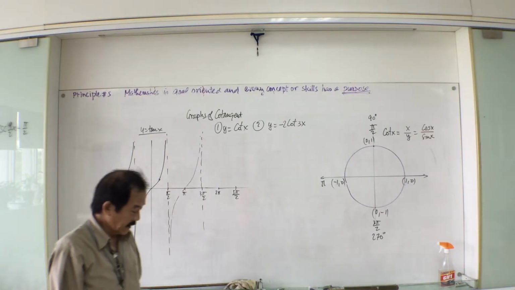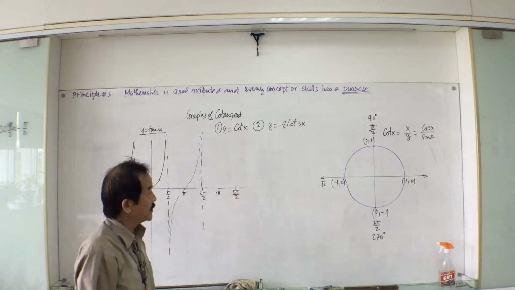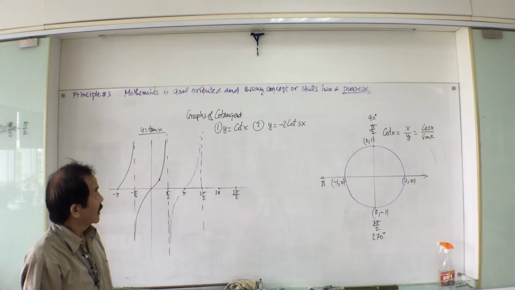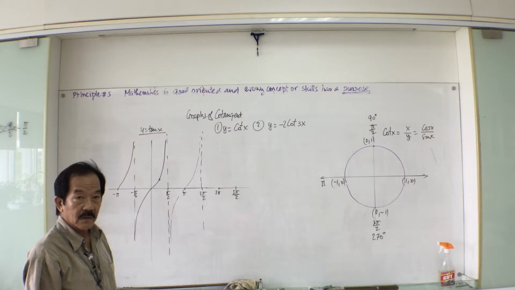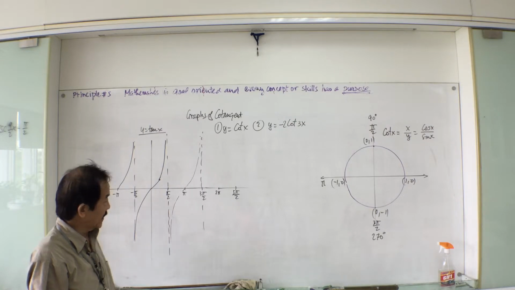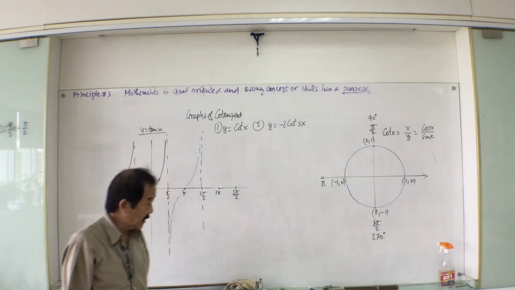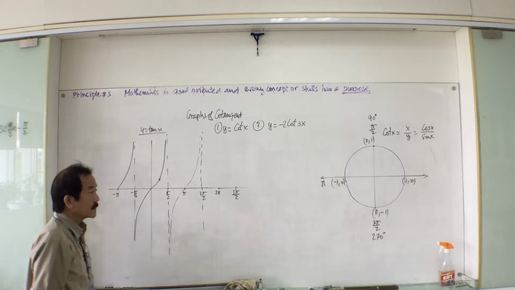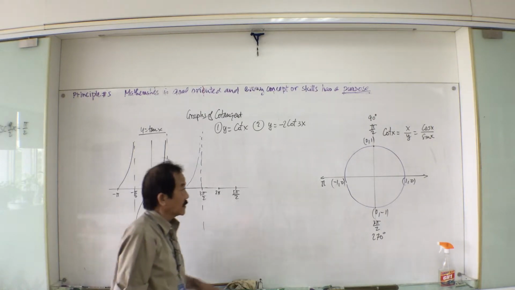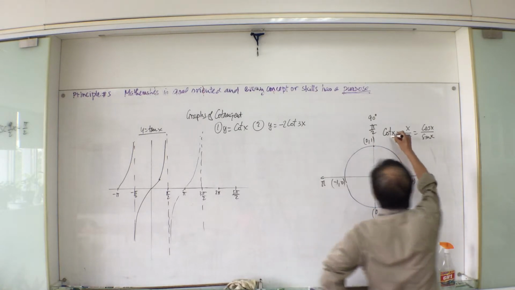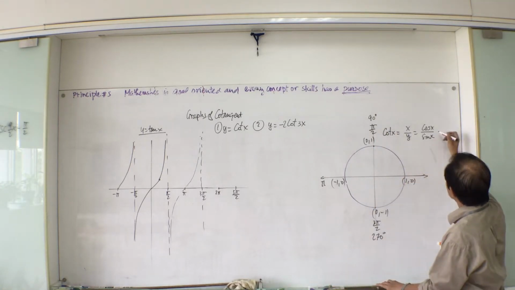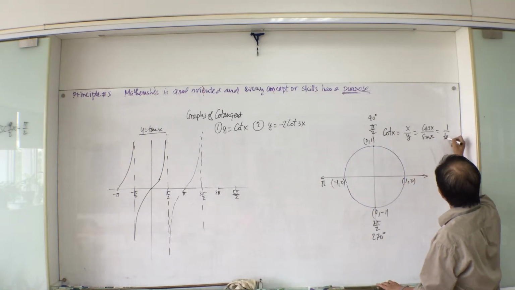The last function. We use the analysis to graph the rest after we know this. For example, there are two ways to do it. We know that cotangent is the reciprocal of tangent, right? So it equals 1 over tangent.